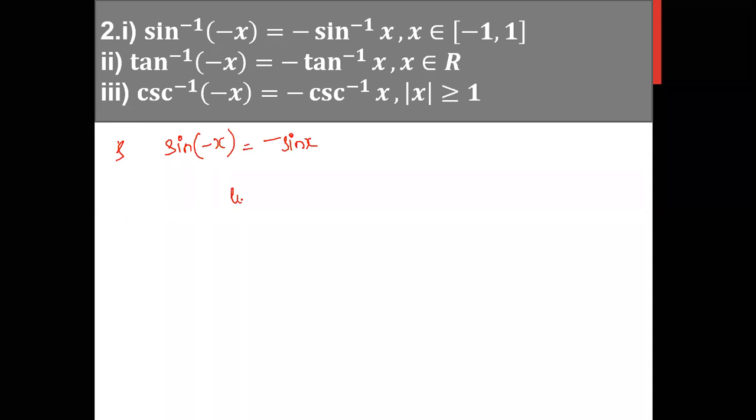What is cos of minus x? It is cos x. Okay. How can I write minus cos x?